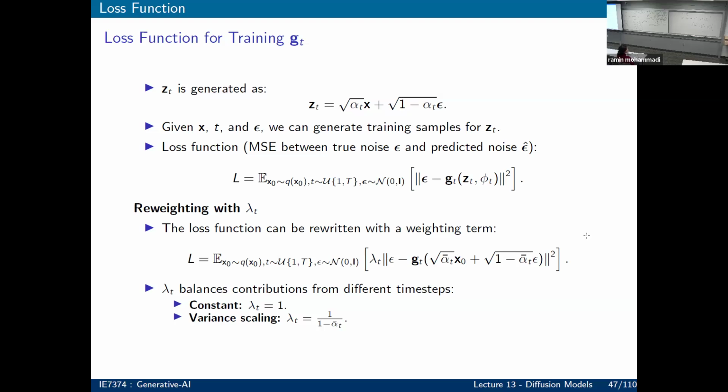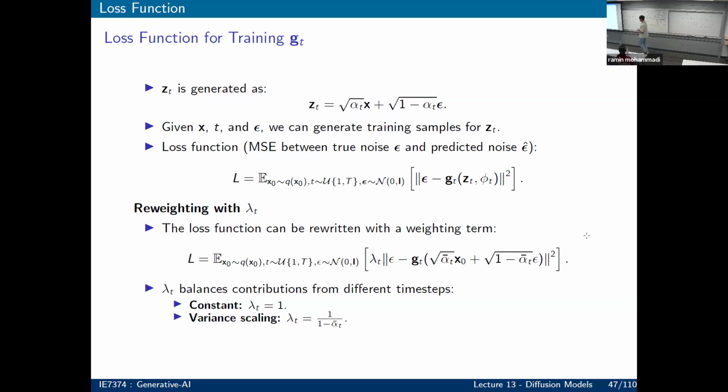You have it at the beginning. So you predict what my image at a certain random timestamp is going to look like. You pass that image to G_theta, your model, and you tell the model, tell me at this timestamp how much noise was added. That's inside the parenthesis. You deduct that from the actual noise that you sampled.